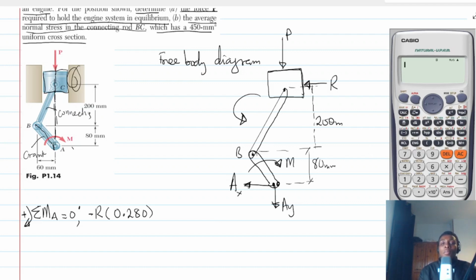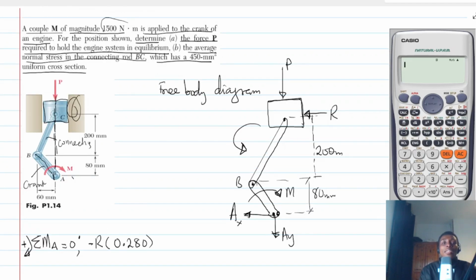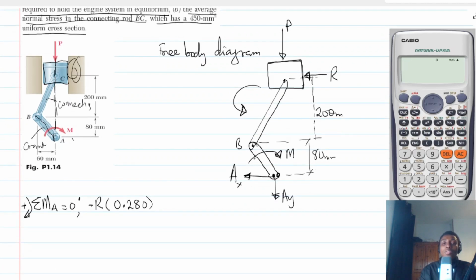Now, there is a couple moment, which is what? So let's go back. The couple moment has a magnitude 1500. So it's going to be clockwise. 1500 should be equal to 0. So that R will be 1500 divided by 0.280. And what is that?